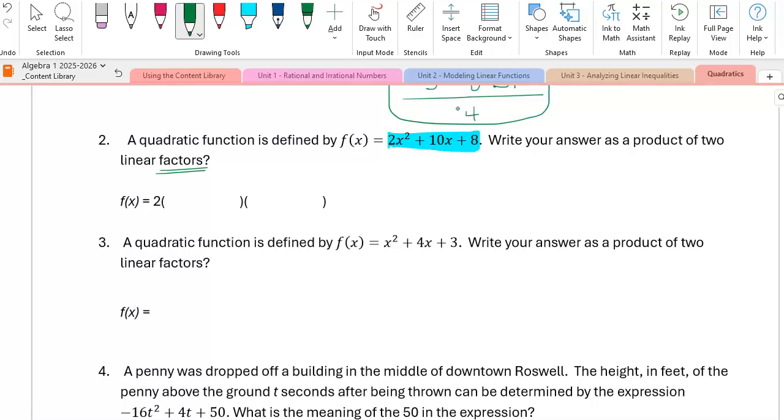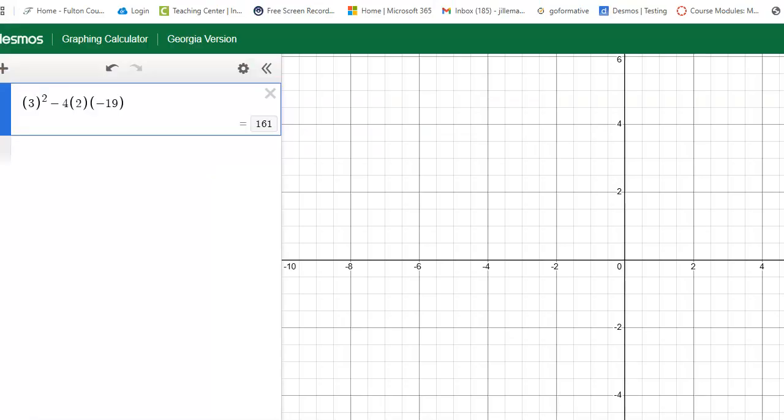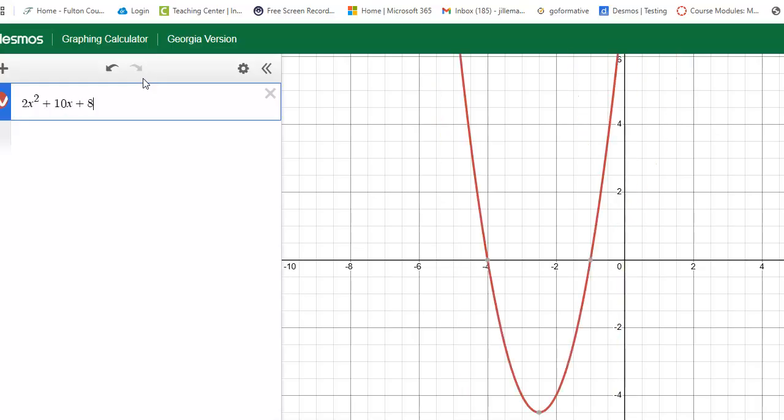Factors mean parentheses. 2 things that multiply each other, okay? All right, let's put this equation into Desmos. Let's see what we get. Let me erase what we did a minute ago. So 2x squared plus 10x plus 8.